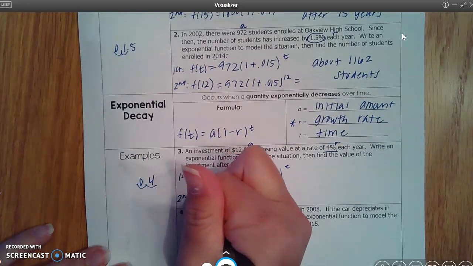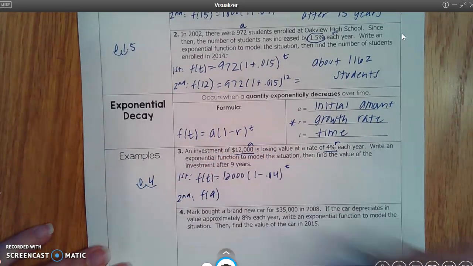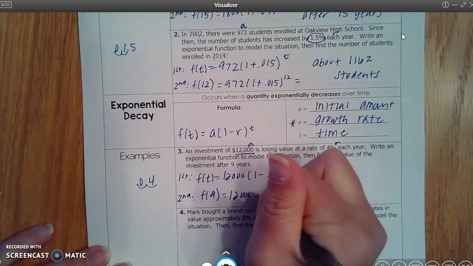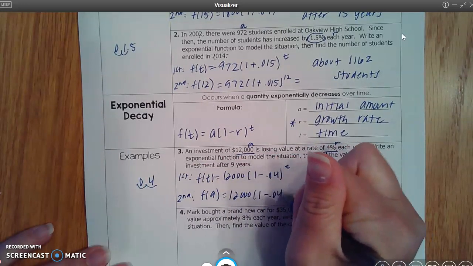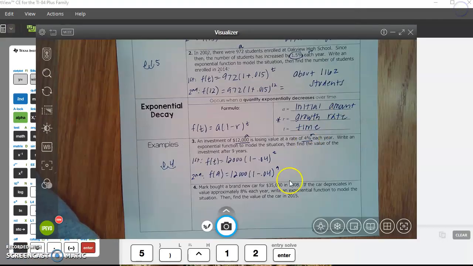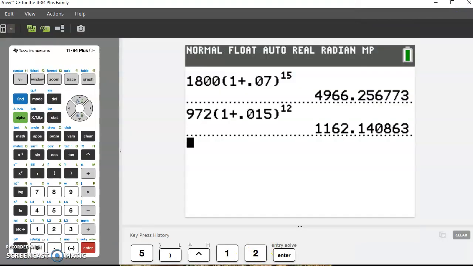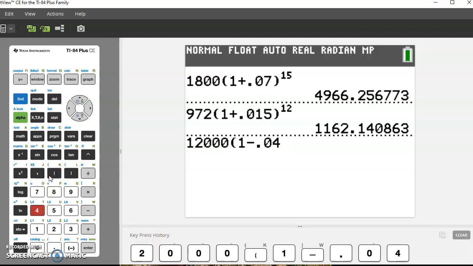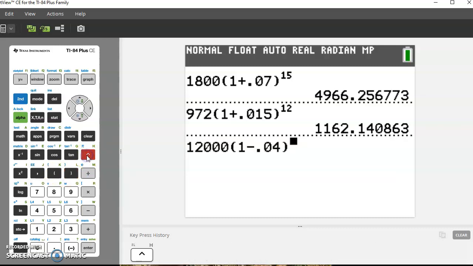Second thing is they want to know what's going to happen after 9 years. So how much value is lost over the duration of a 9-year investment. So think of a car in a sense. Your car loses value after you've had it for years. $12,000 times 1 minus my 0.04, and I'm going to raise it to the 9th.